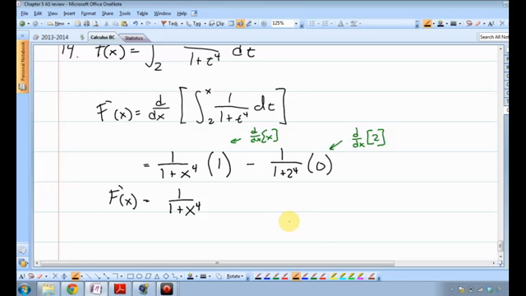How would you do it if there was like x squared at the bottom? You would do it exactly the same way. You'd substitute x to the 4th here, and then that would be a 4x cubed, the derivative of x to the 4th.